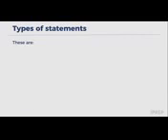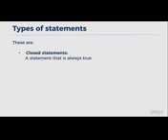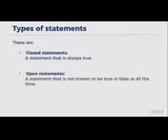There are two main types of statements. One is what we call closed statements, which means they are always true. There is no other option apart from it being true. We can also have open statements, statements that are not known to be true or false as at the time of making them. Let's look at a few examples of closed and open statements.